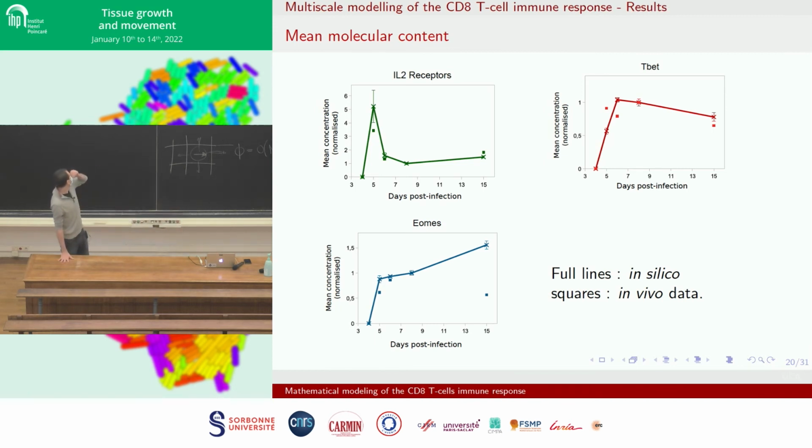You can see that the last time point is not in good agreement between the model and the in vivo data. So maybe something is missing in the model to control this expression at the end of the response. But this time point is also surprising compared with what we can read in the literature. So maybe it could be nice to have another time point to be sure that this decrease is real.